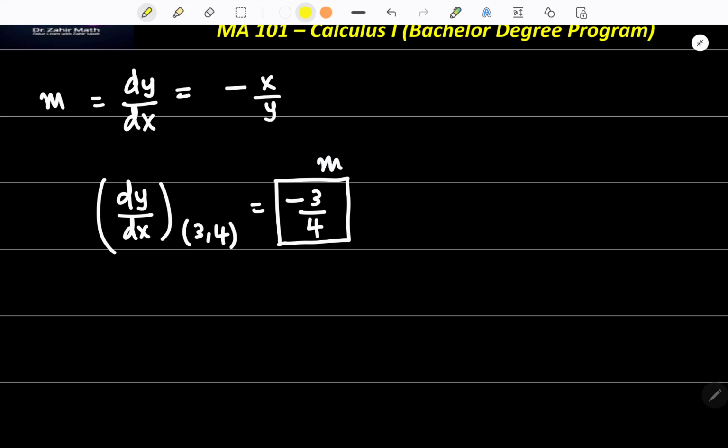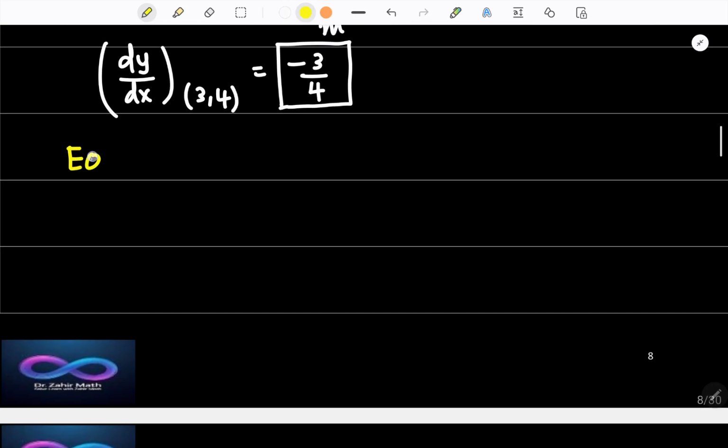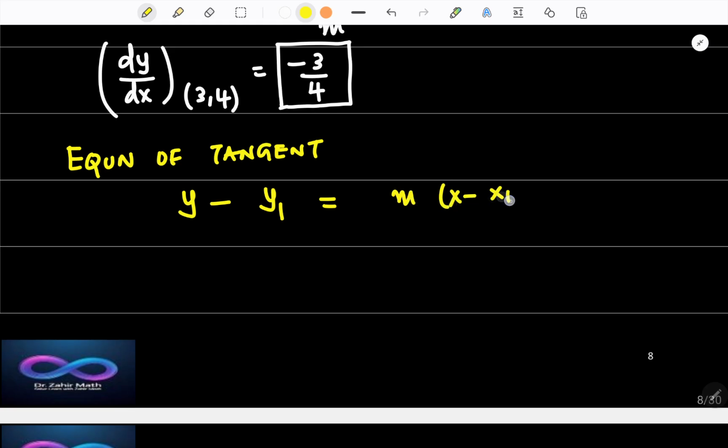Now we are going to write the equation of the tangent. Therefore, the equation of the tangent is y minus y1 equals m times x minus x1. What is your x1, y1, teacher? The point 3, 4. This is your x1 and this is your y1. And what is your m? Minus 3 by 4.